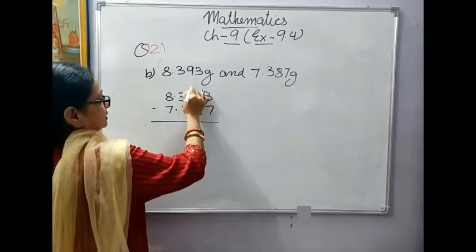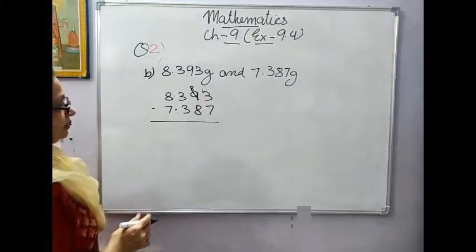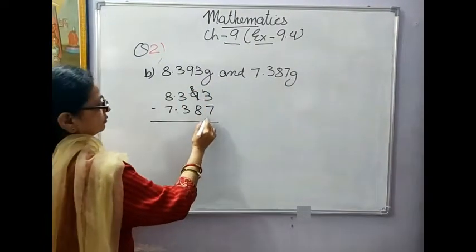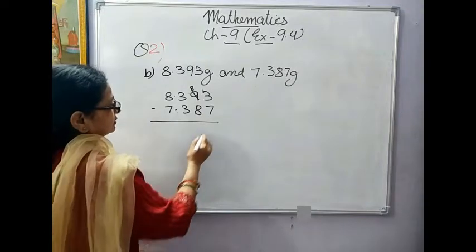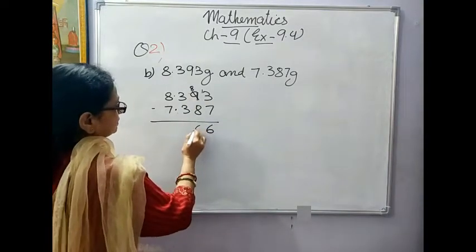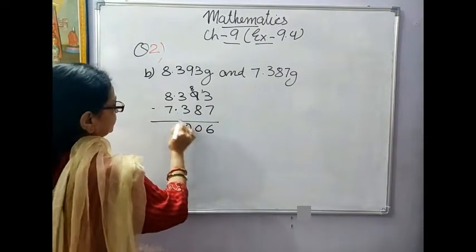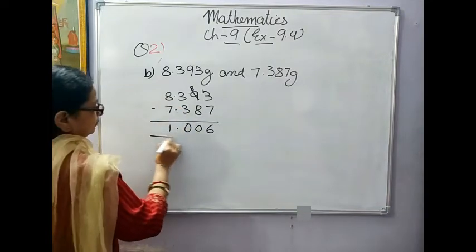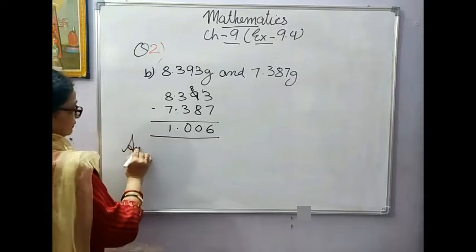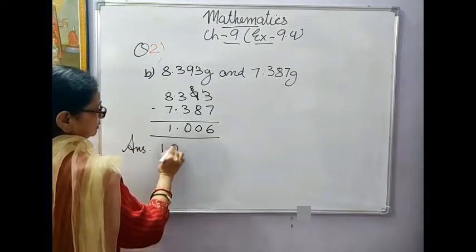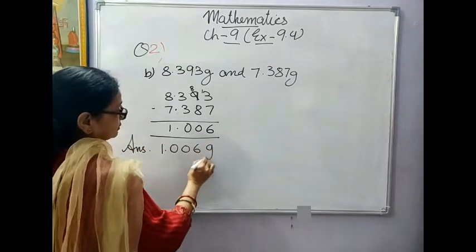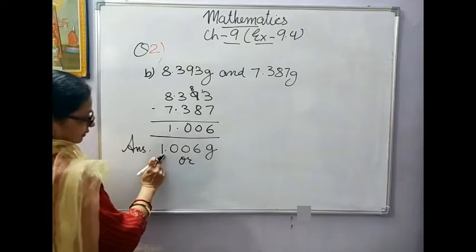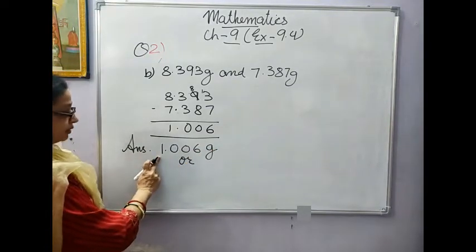So it becomes 13. 13 minus 7 is 6. 8 minus 8 is 0, 3 minus 3 is 0. Put the decimal below the decimal, 8 minus 7 is 1. So your answer is 1.006 grams, or this will be your kilogram.